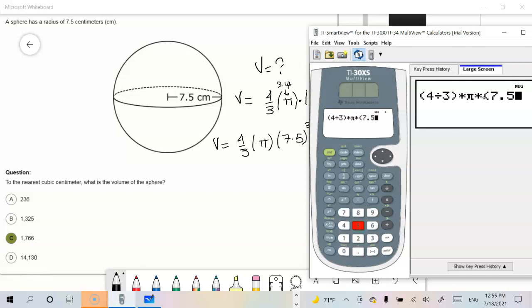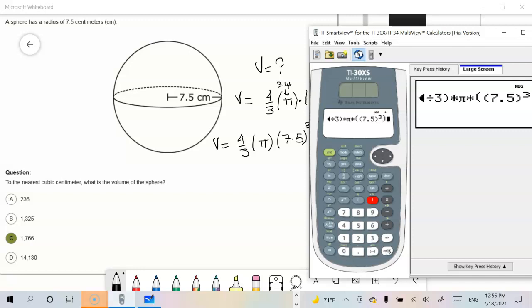Before the 7.5 you can put a parenthesis, and then you can put 7.5 and close the parenthesis, then you raise to the power of 3, so the calculator understands that only 7.5 will be raised to the power of 3. So you hit this key here, and when it goes down, you close the parenthesis, okay? And only 7.5 is being raised to the power of 3.